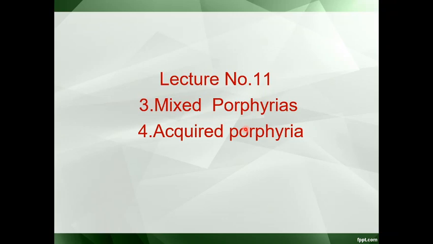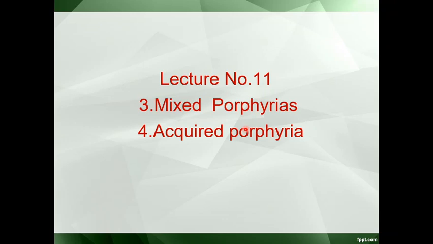In the next lecture, we will discuss the mixed porphyria and the acquired porphyria. The mixed porphyrias have mixed symptoms of both the acute type and the chronic type: liver, neuro, and cutaneous.